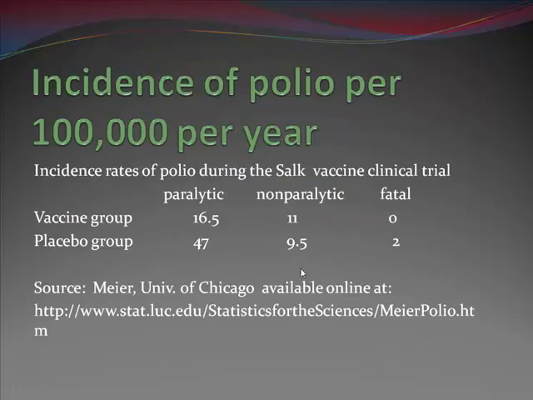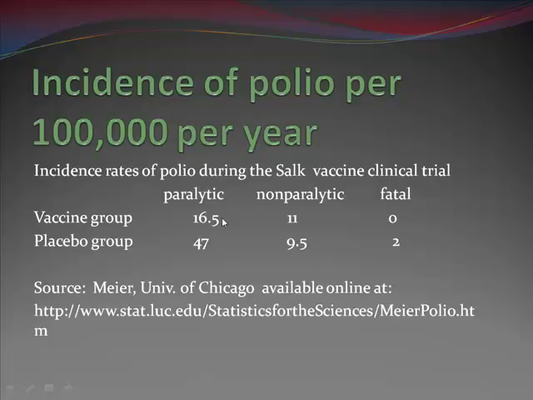And so now you're saying, well, so what, Dr. Hatch? What's the big deal about incidence? Well, let's see how it can be applied. If we look at the incidence of polio per 100,000 people per year, if we look at the initial clinical trials of the Salk vaccine for polio back in the late 50s, the incidence rate measured in the vaccine group for paralytic polio was 16.5 per 100,000 per year, compared to the placebo group, which was 47 per 100,000 per year.